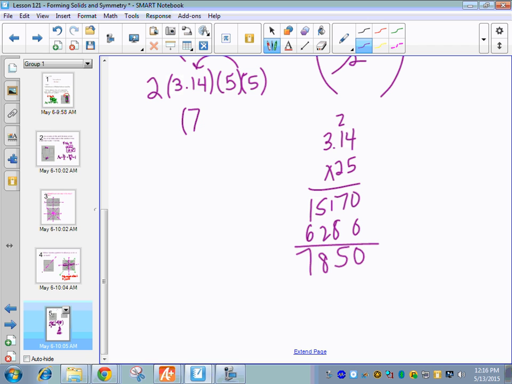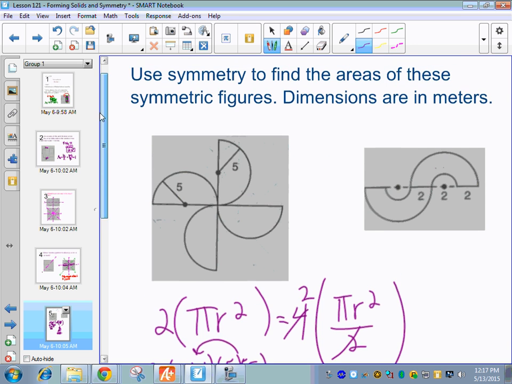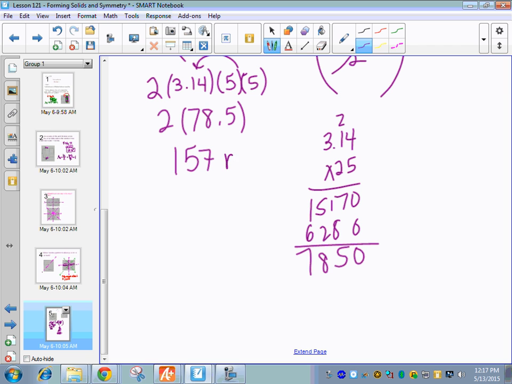Okay, so 78.5 times by 2, what is that? 157. Good. Okay, we need units. We are finding an area. Dimension is in meters, so meters squared. Okay.